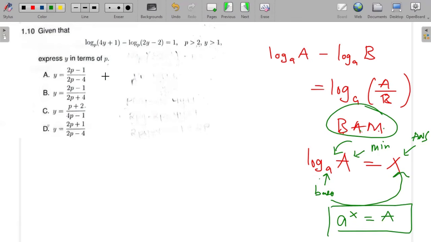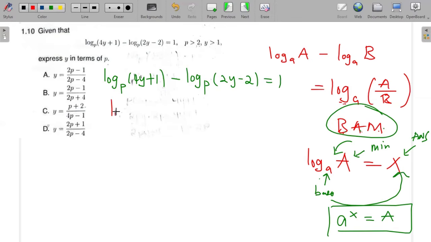So let's start. There we have log base p of (4y + 1) minus log base p of (2y - 2) is equal to 1. Since we have a minus here, we can use this property.